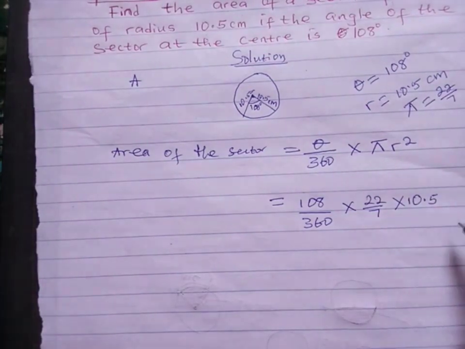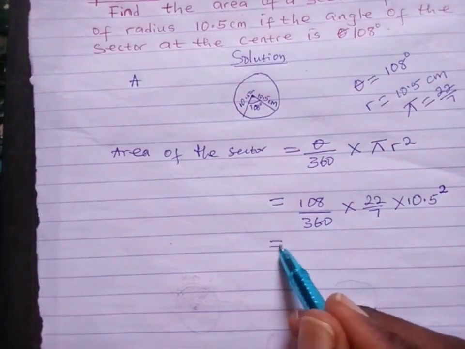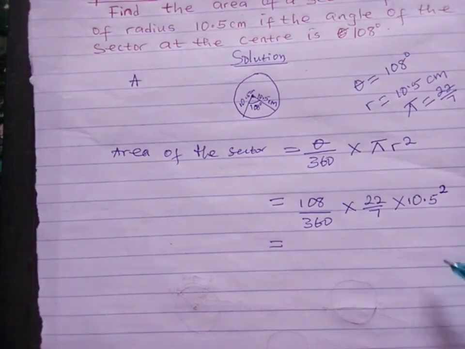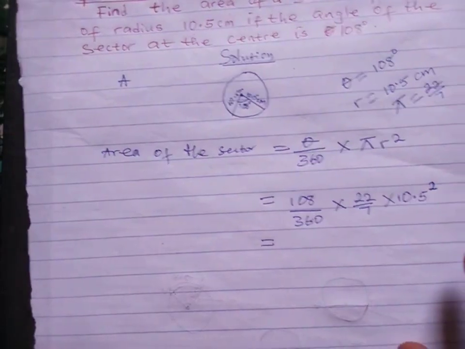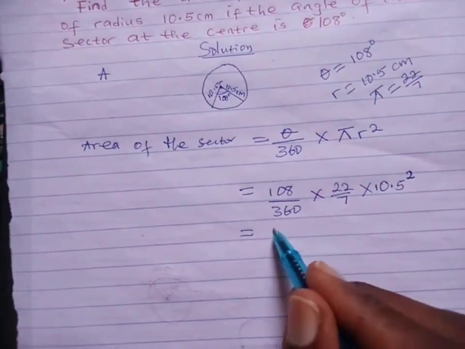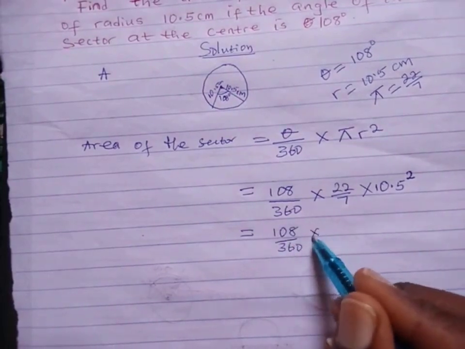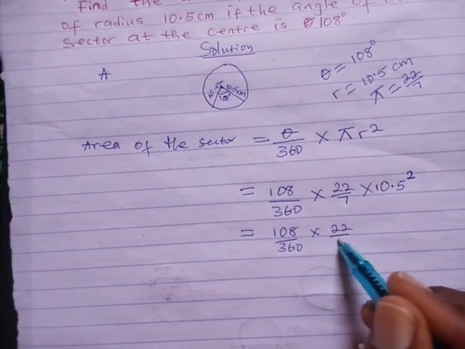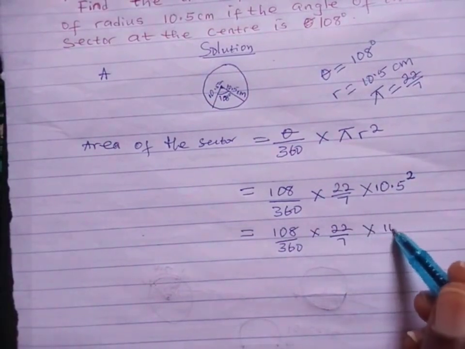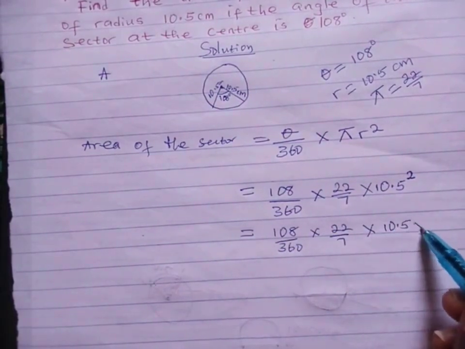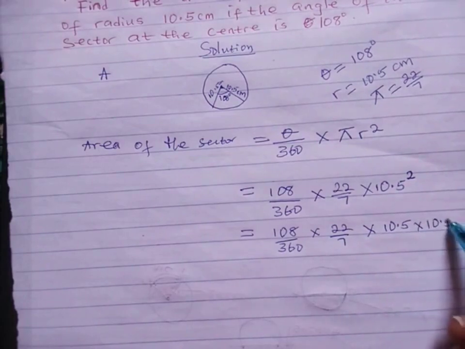10.5 centimeter. But remember, it is squared here. I will square 10.5. So, of course, 10.5 squared means 10.5 times 10.5. So then I'll have 108 over 360 times 22 over 7 times 10.5 times 10.5.